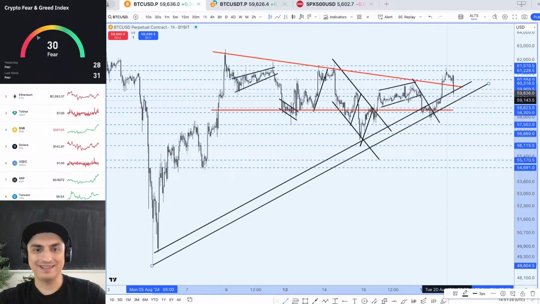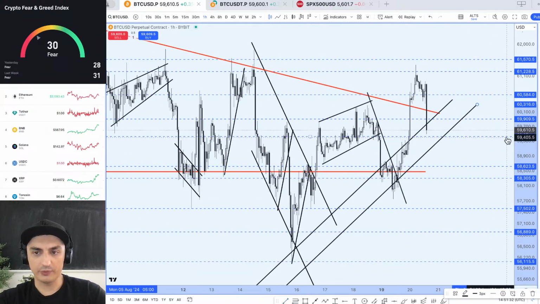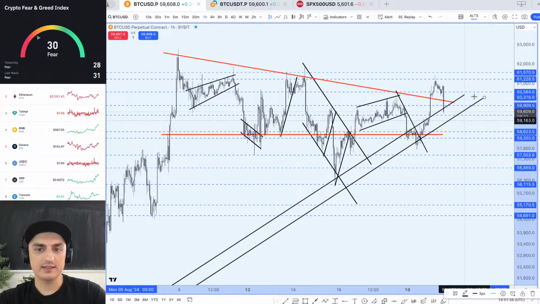And these levels, so what levels do we have here? 59,400, 59,900 as well. These are amazing levels, and we're probably going to see some action around these numbers, like 59,300 today, and so on.